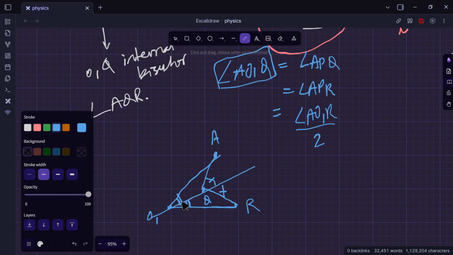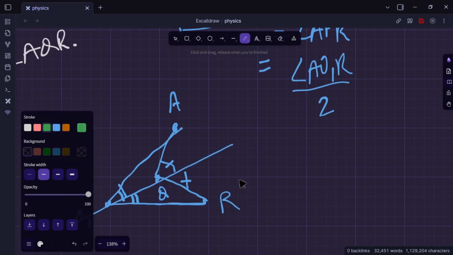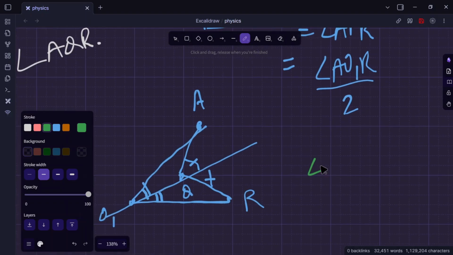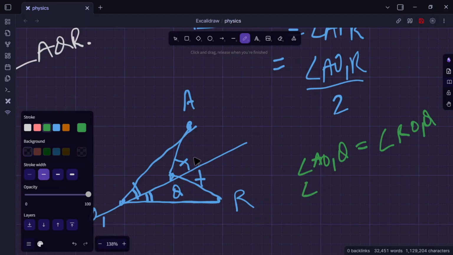Right. And now what we notice is that angle AO1Q is equal to angle RO1Q. Angle AQO1 is equal to angle RQO1.